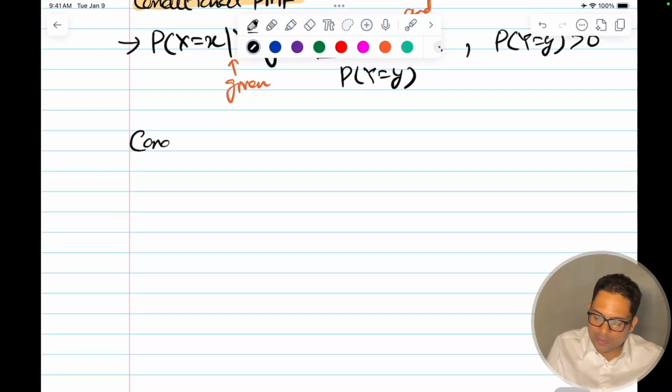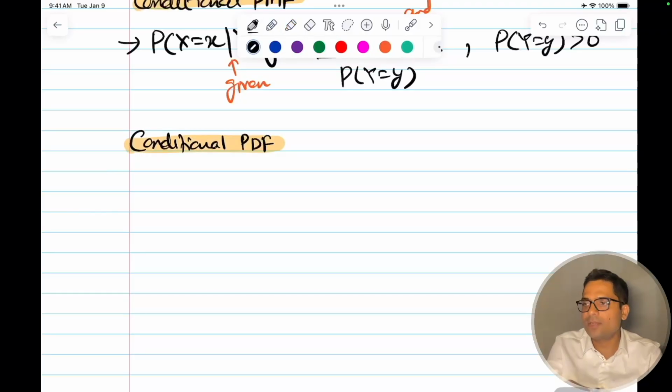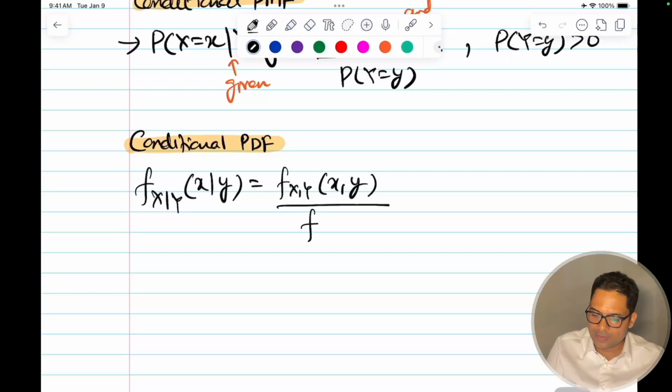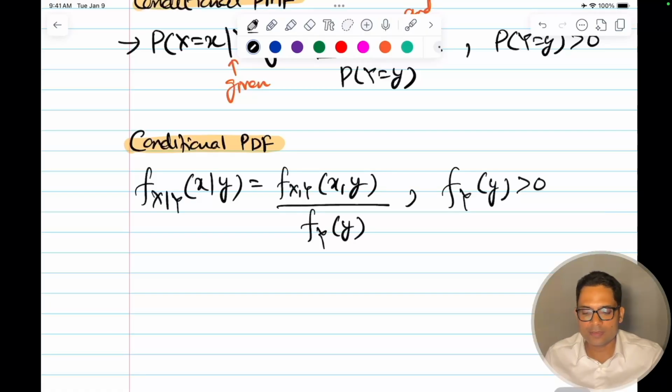And then similarly conditional PDF will be, what is the value? f of x given y is equal to f of x comma y by f of y of y. Okay, such that f of y is greater than 0.